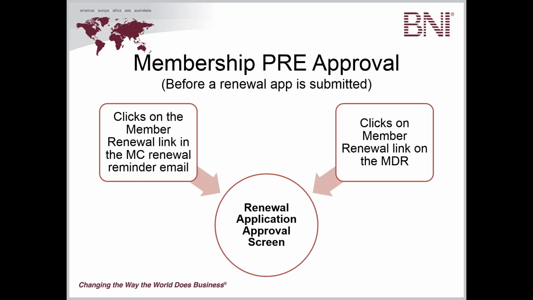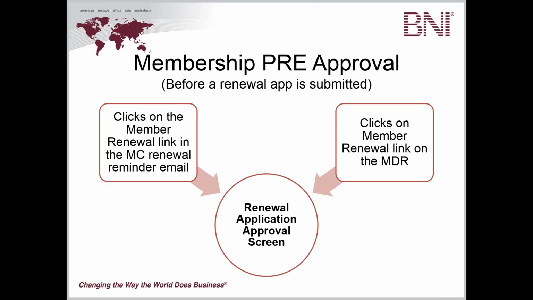So as I said, there's two different ways to do the approval. One is a pre-approval. So that means that before the member has submitted their application, the leadership team can go in and say, you know what, we like this person. We are going to pre-approve them even though they have not submitted an application yet.